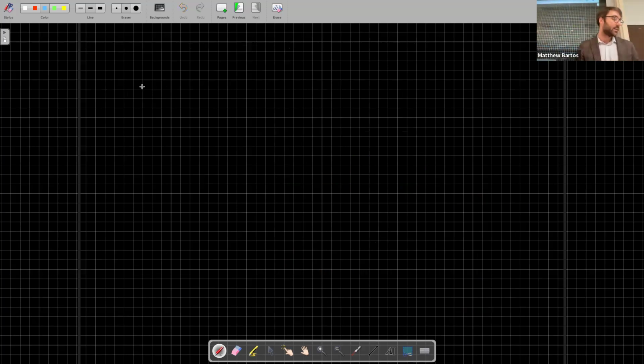Okay, and the other classification I want to talk about is how flow may vary or not vary in space. And these apply specifically for steady flow. So we have a couple different important classifications. The first is uniform flow.